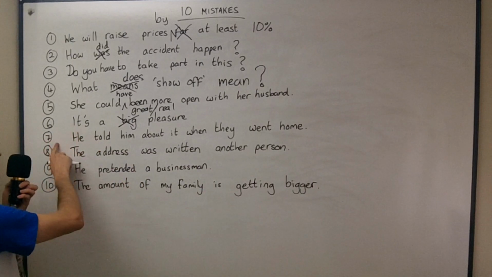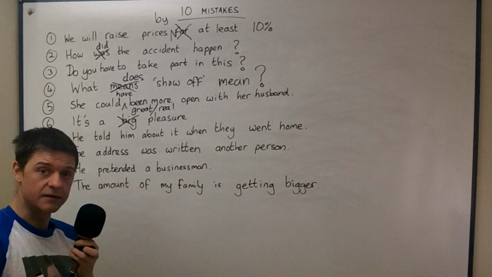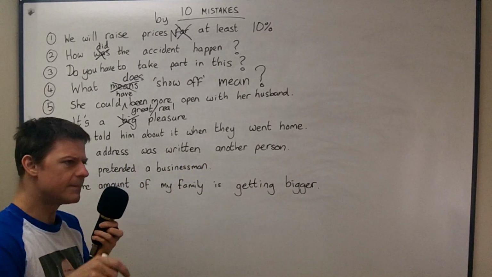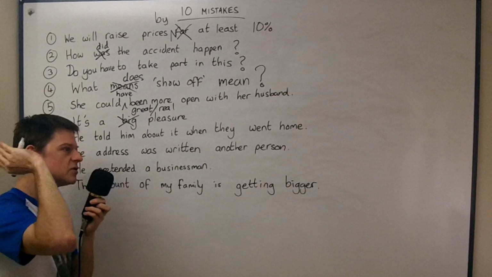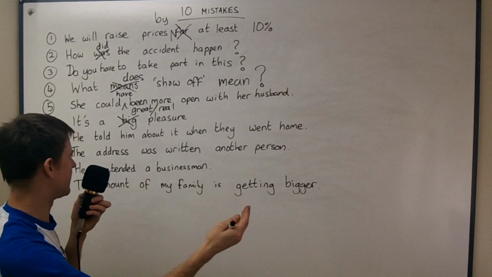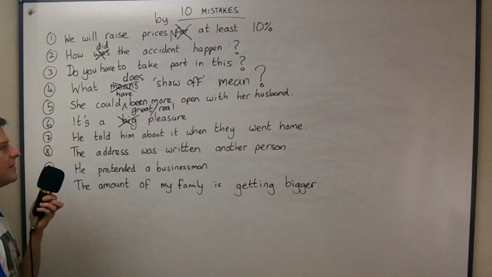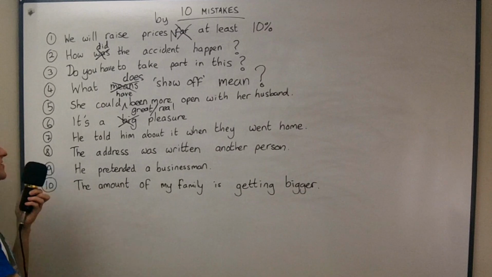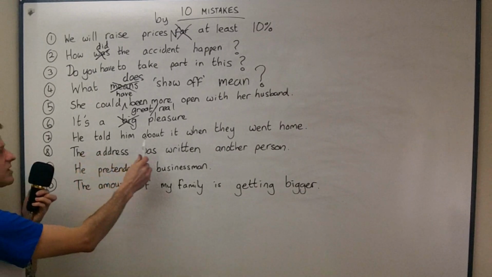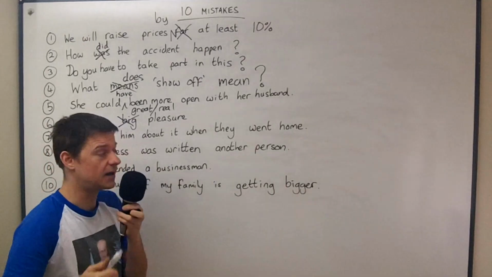But number 7, he told him about it when they went home. Again, this is correct. But what it means is first you went home and then you told him about it. That's not what the student wanted to say. He wanted to say he told him about it on the way home, in the middle of the journey home.